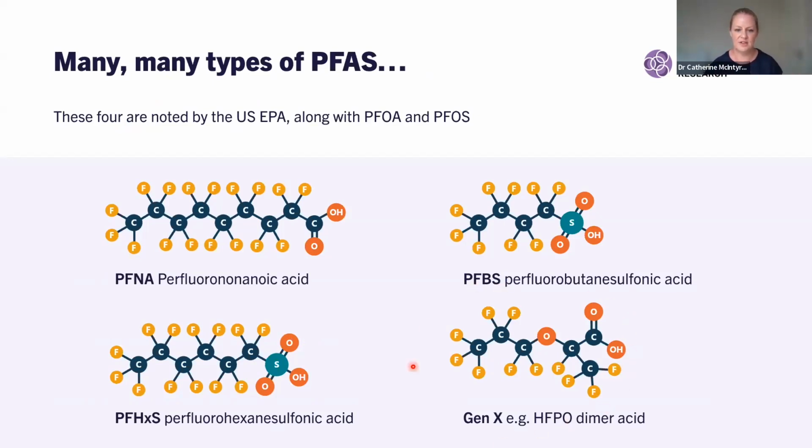This one here on the bottom is a GenX compound. These were introduced to replace PFOA and PFOS. This is called a dimer acid. It's got 2 halves centered around that oxygen. These were introduced and then subsequently found to be toxic as well. So now they are targeted for regulation.